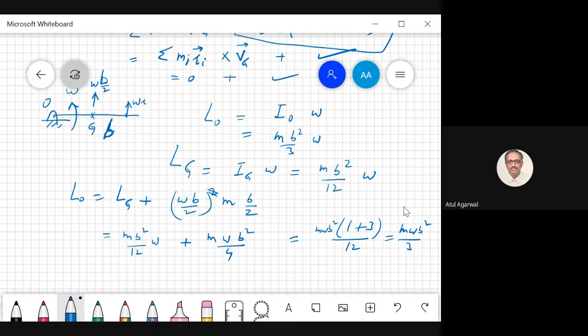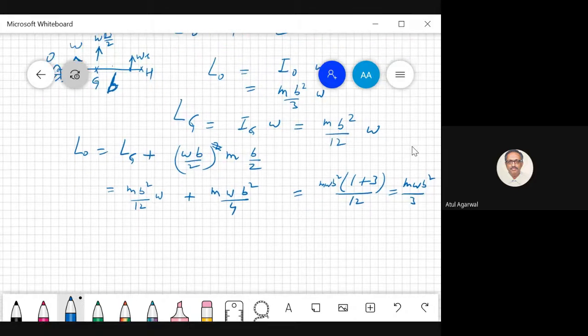Suppose we take another point called H. Whether we can take the last point. That is the last point, the other end of the bar. What will be LH?